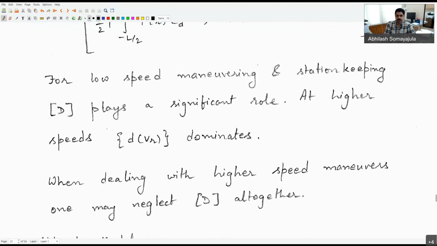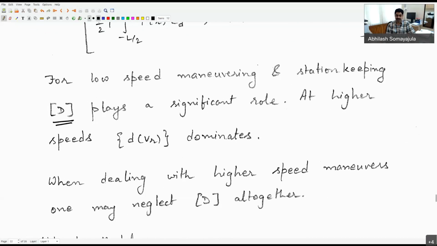Notice that for slow speed maneuvering and station keeping, the linear damping does play a significant role, and the nonlinear damping usually is much smaller. So which is why when we are dealing with dynamic positioning, you'll see that many of the models, even in your VRX model, you'll see that they mostly focus more on the linear damping.